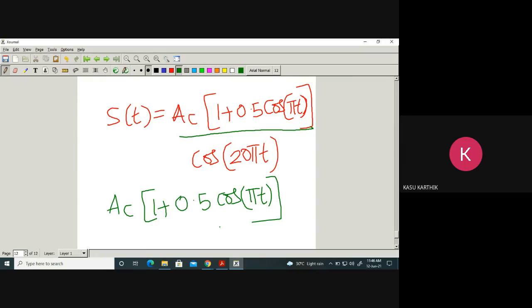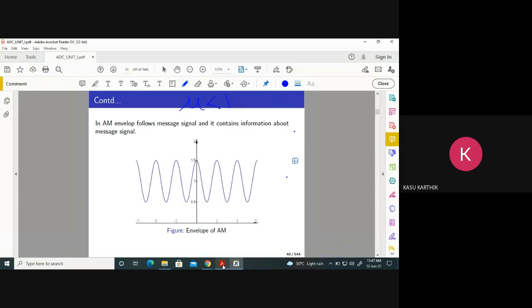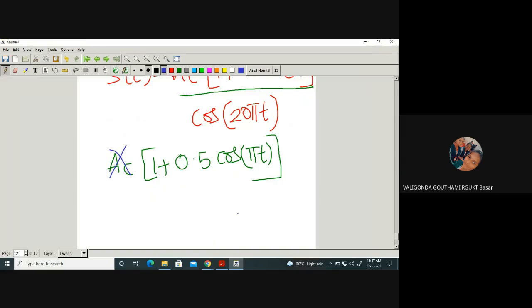If you draw this curve, let us neglect this AC. What is the maximum value of this? If AC is 1, how much? 3 by 2, 1.5. Minimum 0.5.